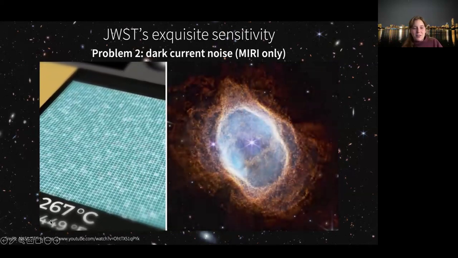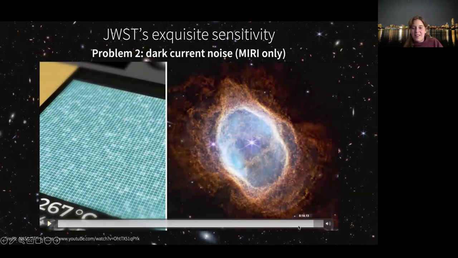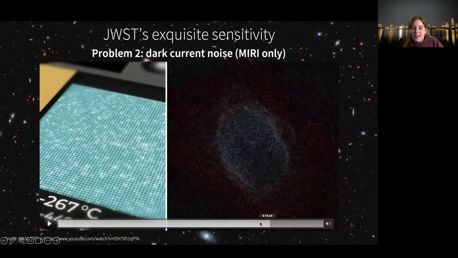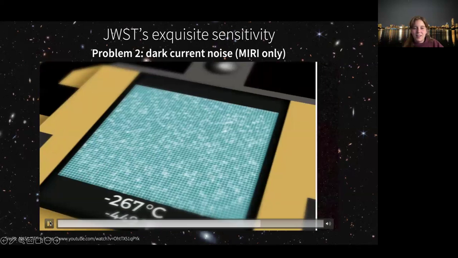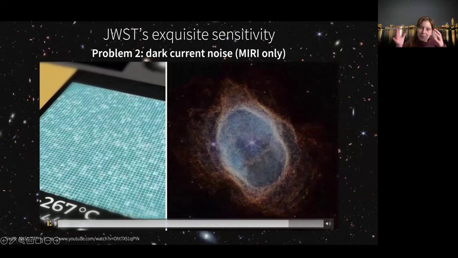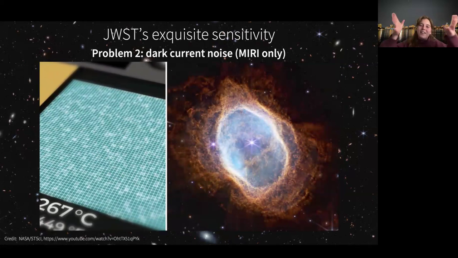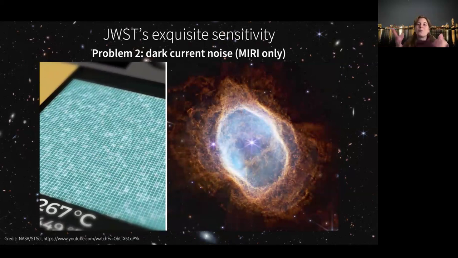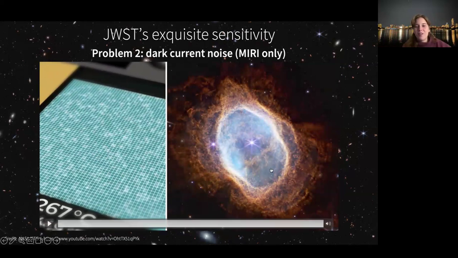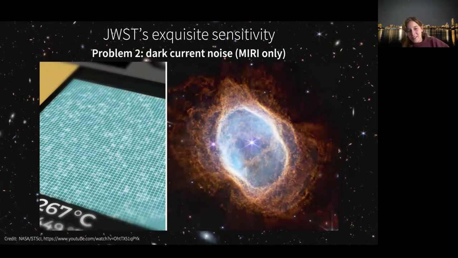This video illustrates how, as it freezes or slows down the electrons, you get a sharper, more sensitive image of an astrophysical object in the mid-infrared.